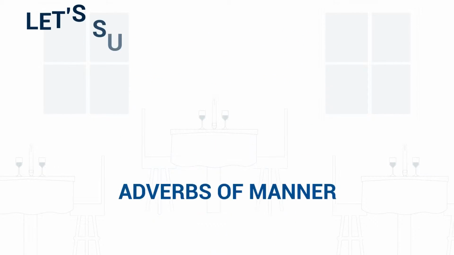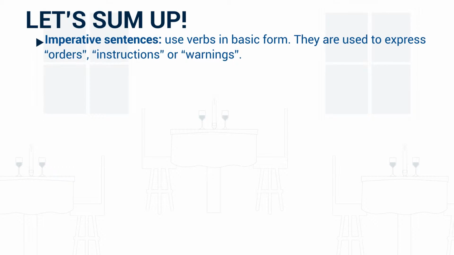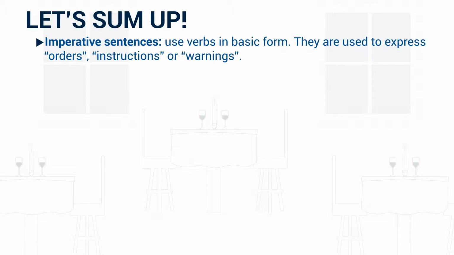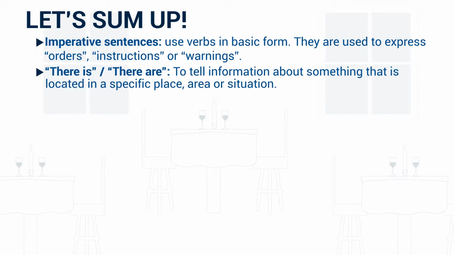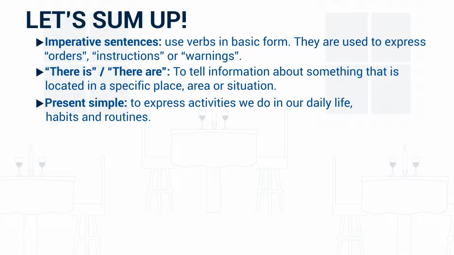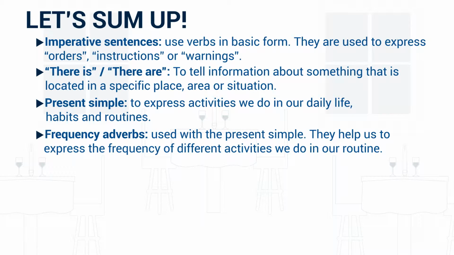Let's sum up. Imperative sentences use verbs in the basic form. They are used to express orders, instructions, or warnings. Use there is and there are to tell information about something that is located in a specific place, area, or situation. Present simple is used to express activities we do in our daily life, as well as habits and routines. Frequency adverbs are used with the present simple.